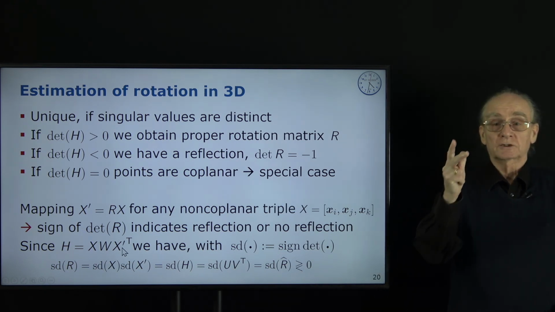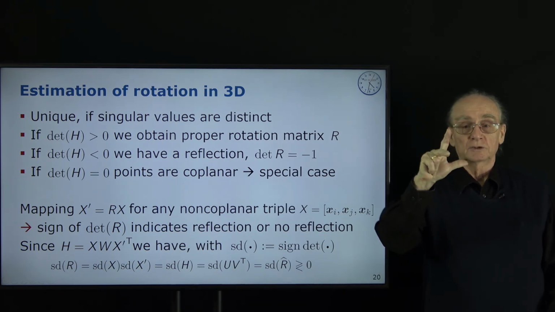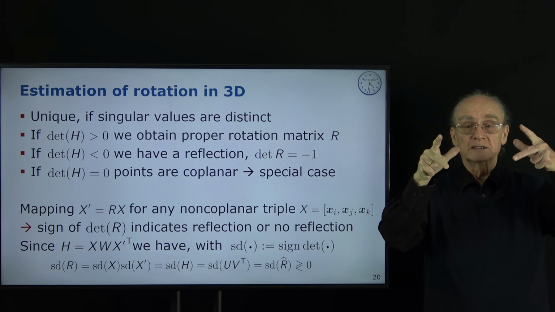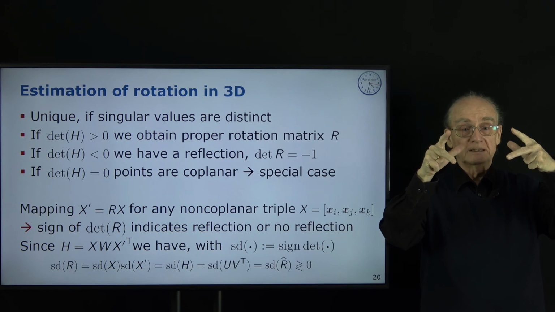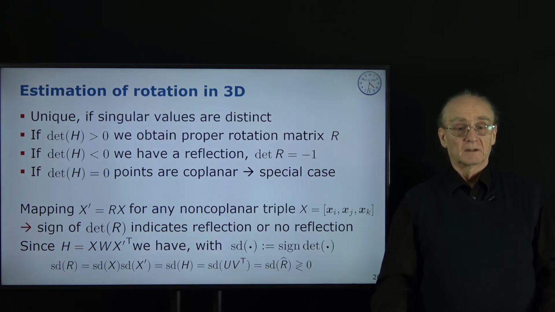So if we actually have a transformation of these 3 points into these, we have a reflection, then X and X prime will have determinants of different sign. That means H will have a negative determinant. And that means we come to the following result.